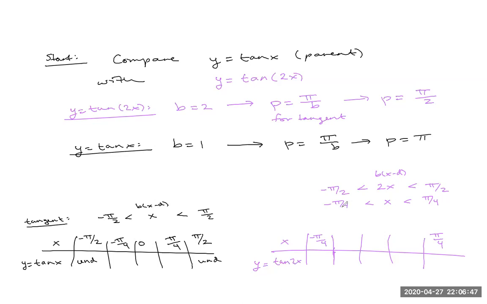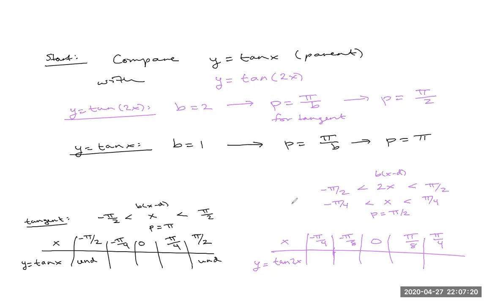Okay, if you actually find the length of this from negative pi over 4 to pi over 4, that's the period of pi over 2. Similarly, if you were to find the length between negative pi over 2 and pi over 2, that gives the period of pi. All right, so we have 0 in the middle, we have negative pi over 8, and then pi over 8 here.